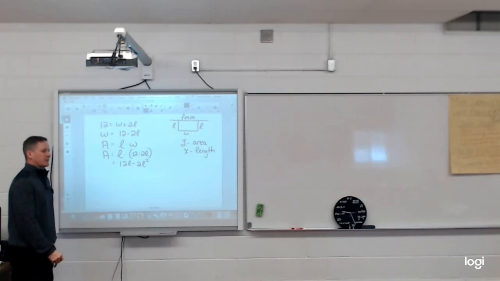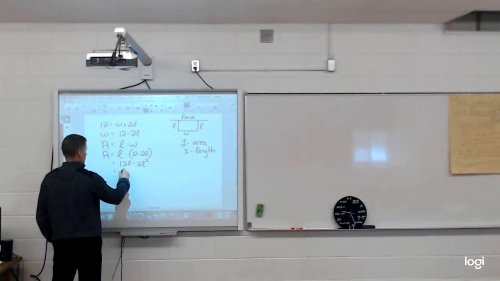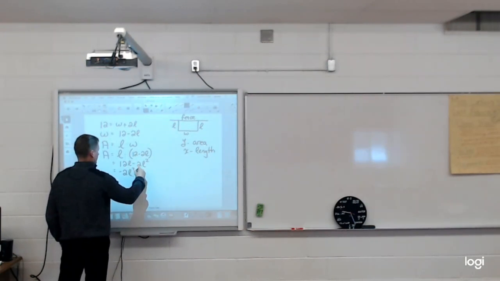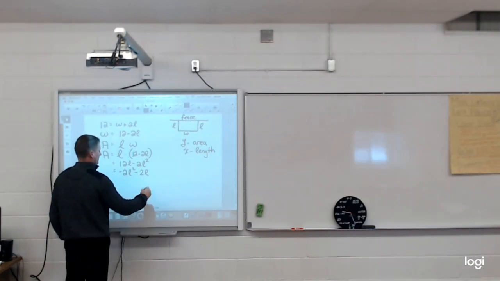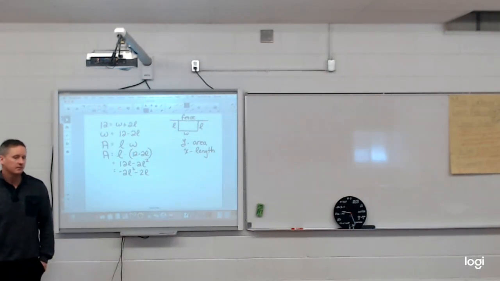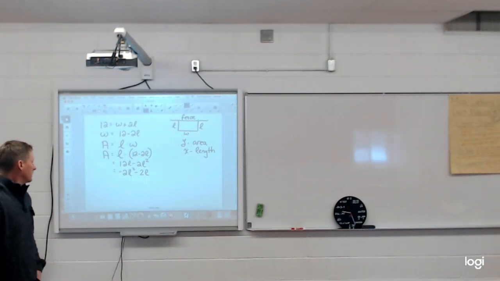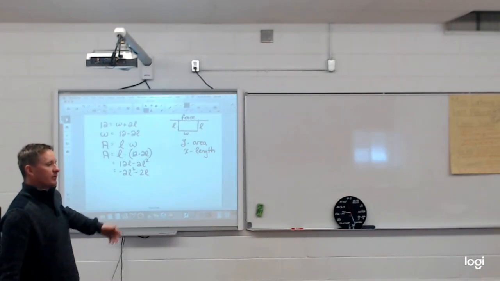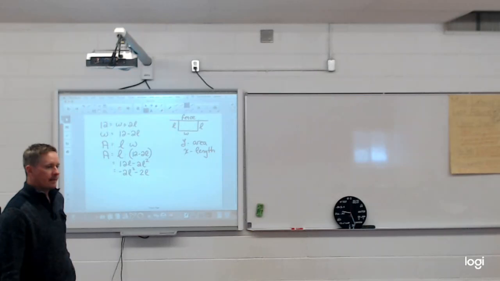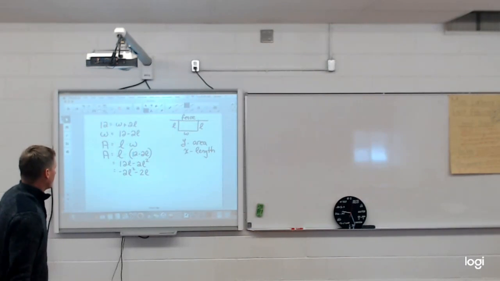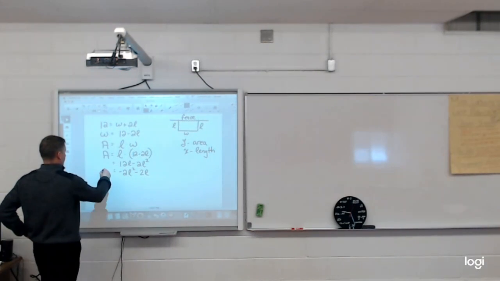Well, what kind of shape do I have here? I have just solved area and end up with a quadratic equation, right? So now what I want you to do is punch that into your calculator.